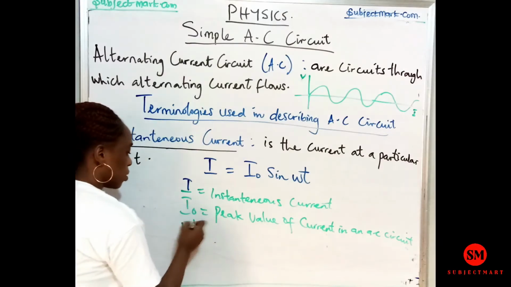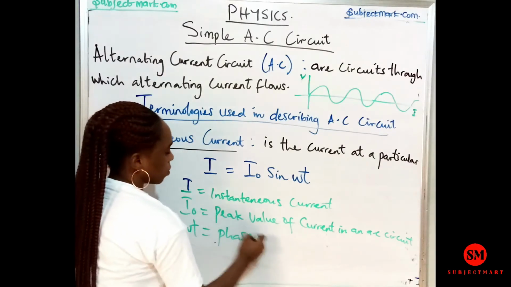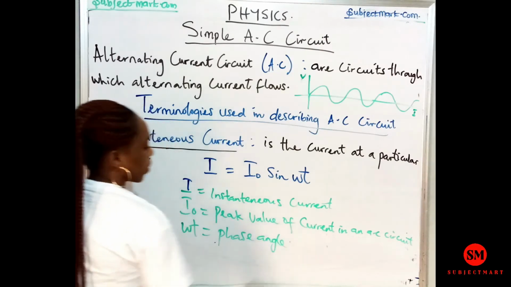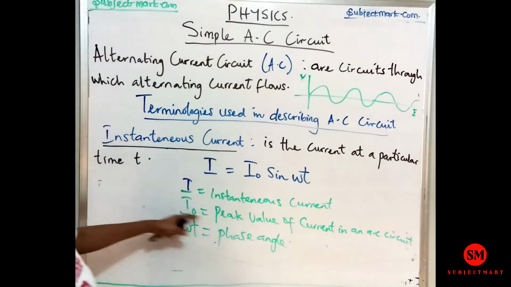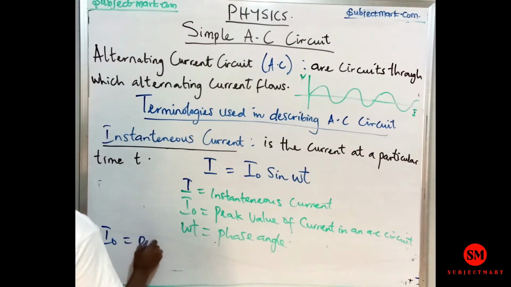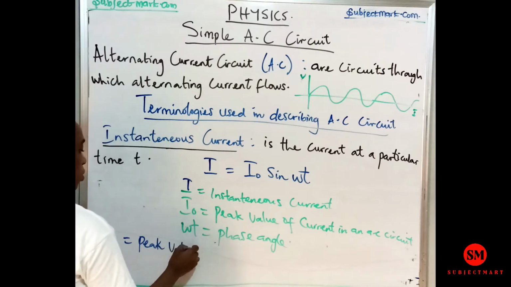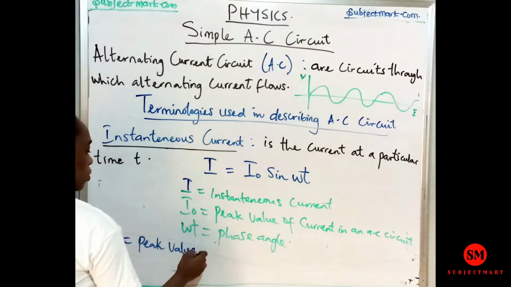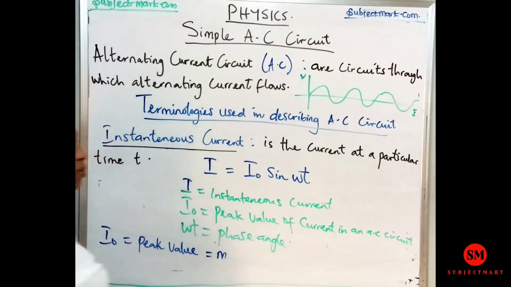Wt is called the phase angle. Now I'm going to come back to I naught, which is the peak value. I naught is equal to the peak value, which is the maximum amount of current that flows in an AC circuit.